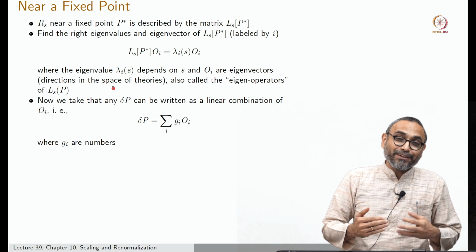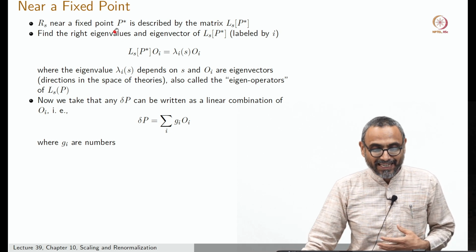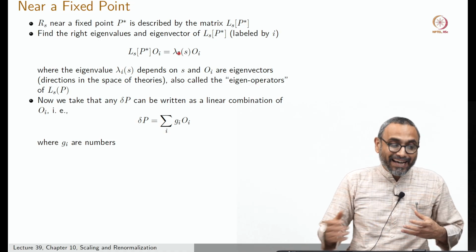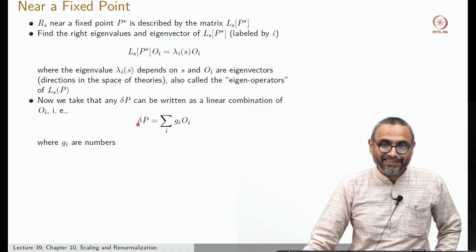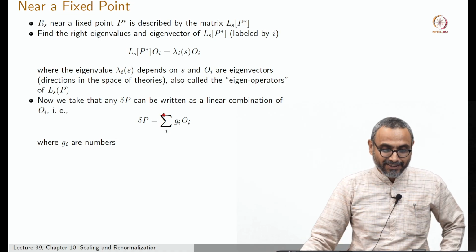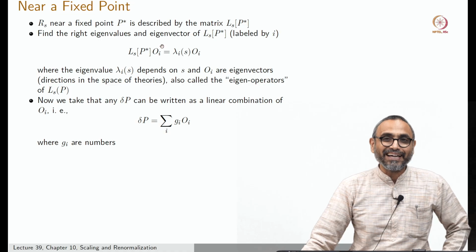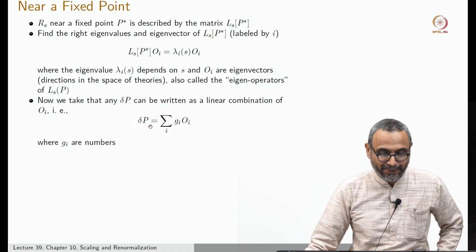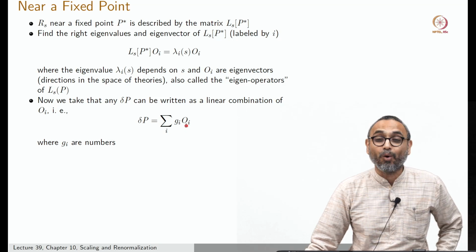Now that we have postulated that this has eigenvectors and eigenvalues, I can expand this delta P, that is the excursion from the point P star, using this Oi as a basis, if you wish. So I can write an arbitrary delta P in terms of gi Oi.